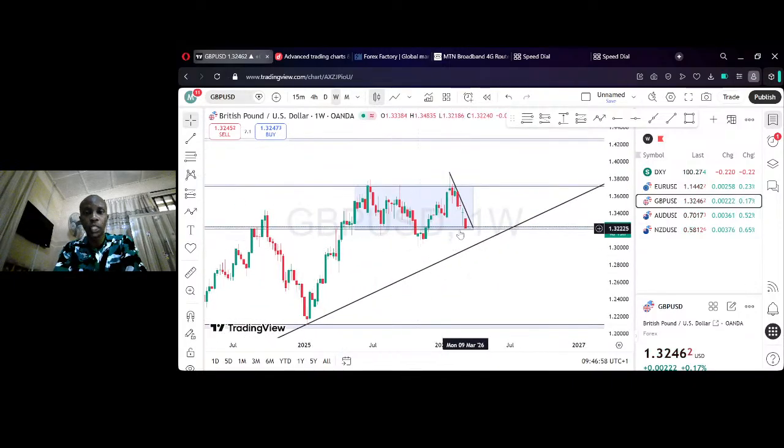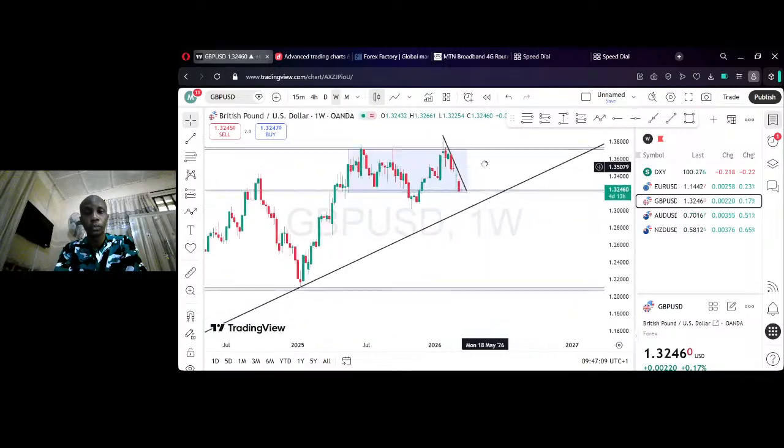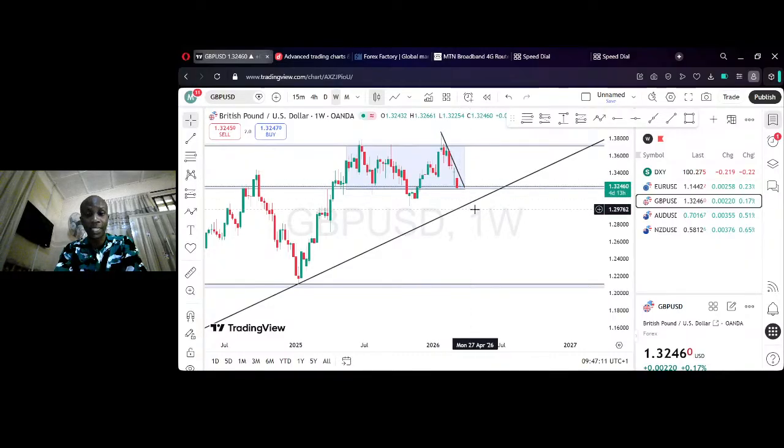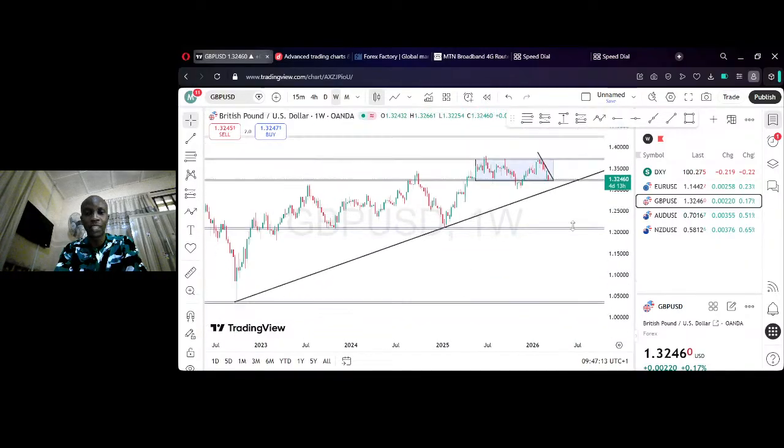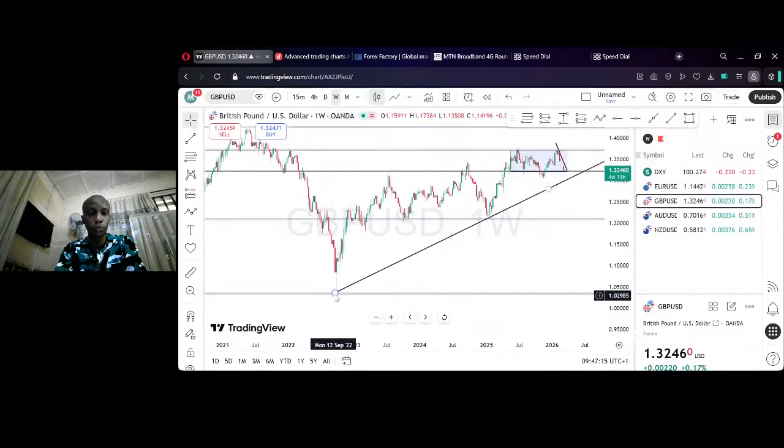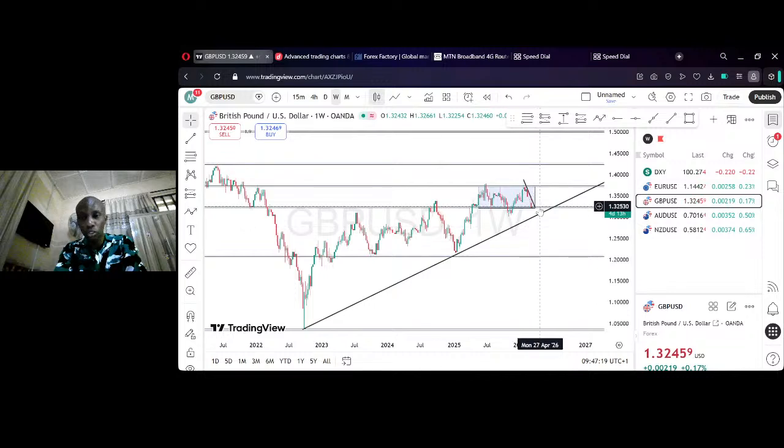So for now, if the weekly candle can break below this level right here and come to attempt this trend line, if it should hold, we are coming up. But if price can break below this trend line right here, we are coming down. Looking at the trend, we have the first touch point of the trend line, the second touch point, and upon the third touch point, we are expecting price to come test it for the third attempt right here.